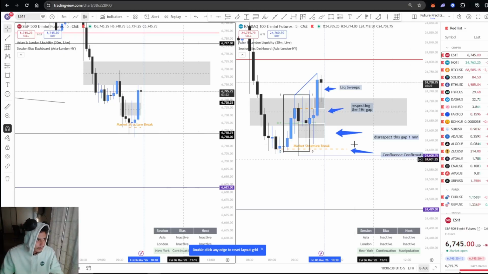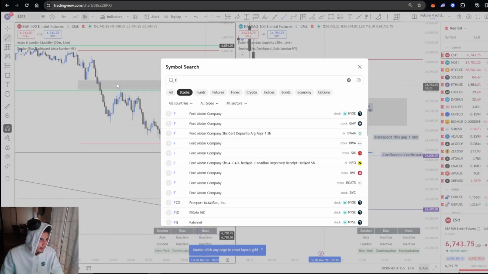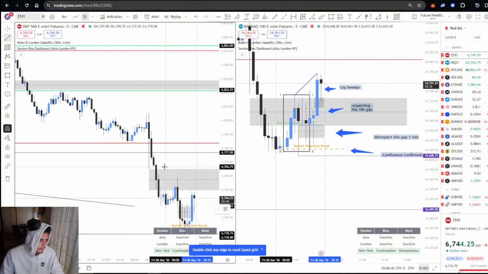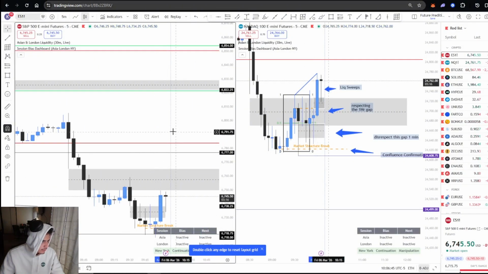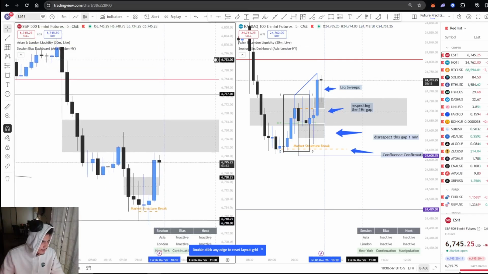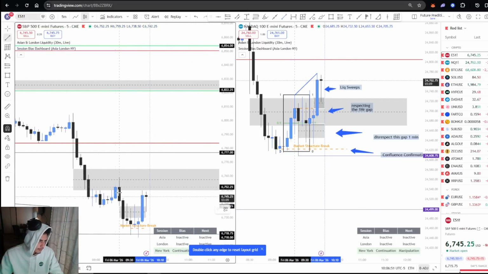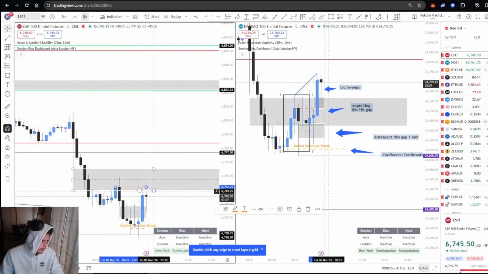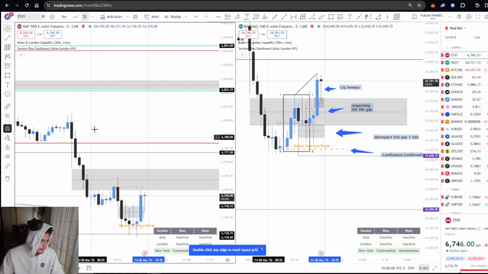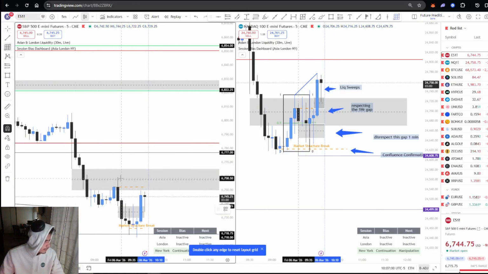Not gonna lie, if it's gonna go uptrend, I do want to see this right here for ES. If I see Nasdaq pushing back up, then I want to see ES break structure here, and then disrespect the fair value gap, and then we're probably in equilibrium right now.